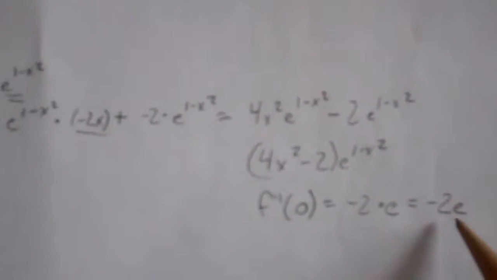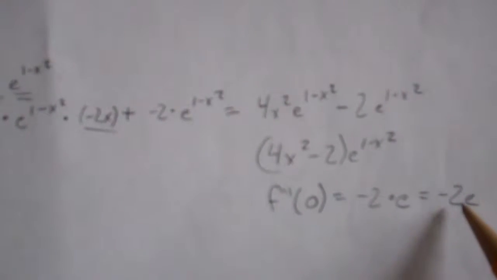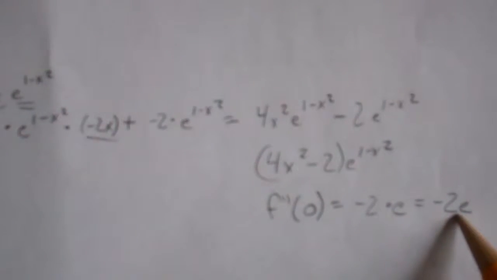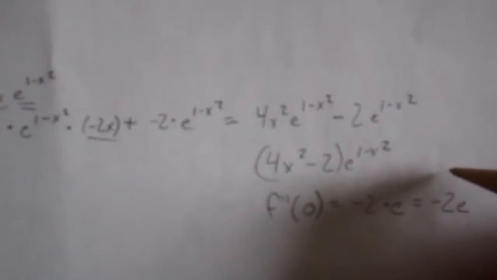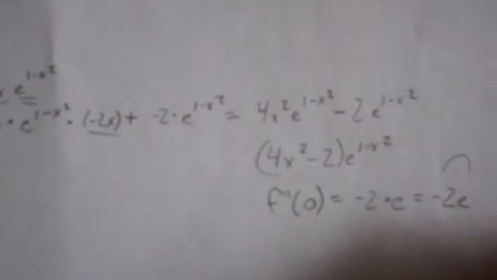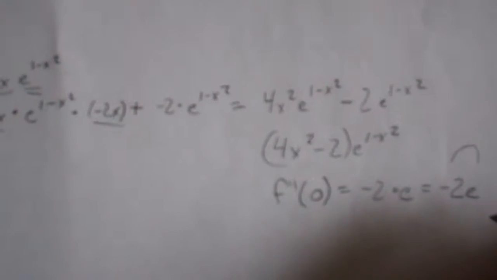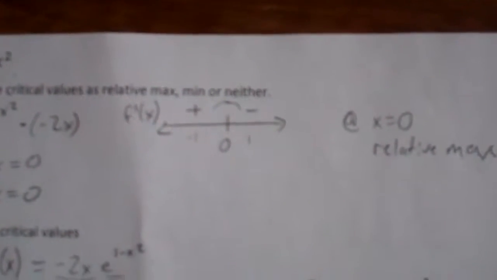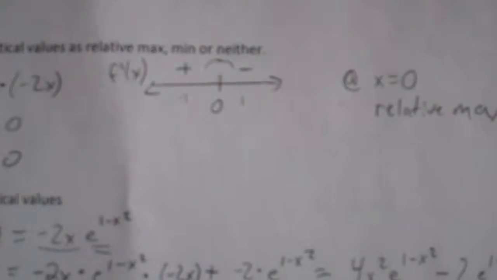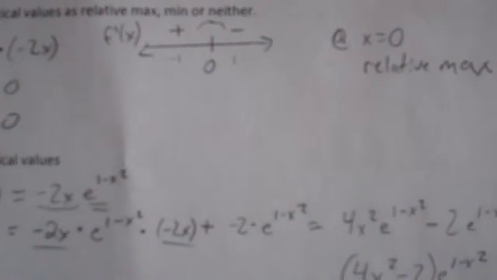Now, because at my critical value my second derivative is negative, I know that my critical value is concave down, which confirms what we did with the first derivative test, which is that at x equals 0 we have a relative maximum. And then the last part says find any points of inflection. Well, in the previous portion we found the second derivative.